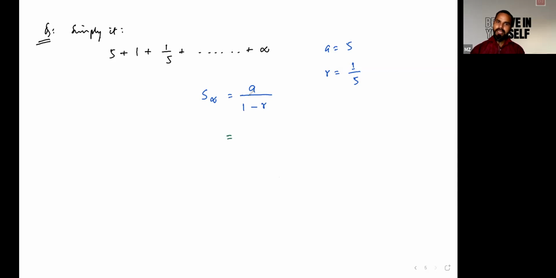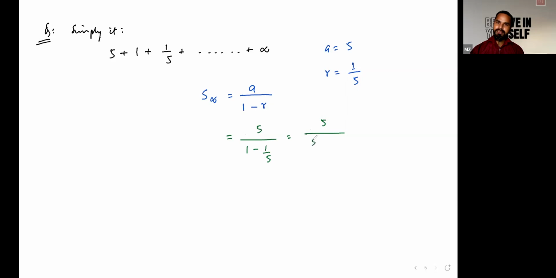Just see. We have a equal to 5, so it will be in the numerator, divided by 1 minus r, where r is 1 by 5. So 5 will be in the numerator, and you have to take the LCM of these two parts.